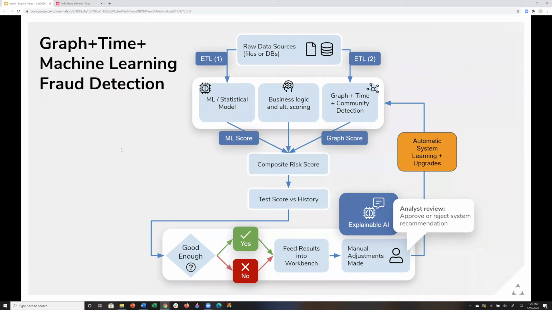So those of you who are data scientists or work in this realm, you understand that there's an iterative process here. And then at some point, the analyst might be looking at this and rendering some verdicts as to whether or not our system is providing them enough correct positives and negatives to put it into production.